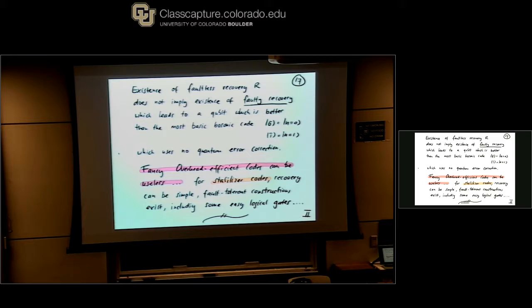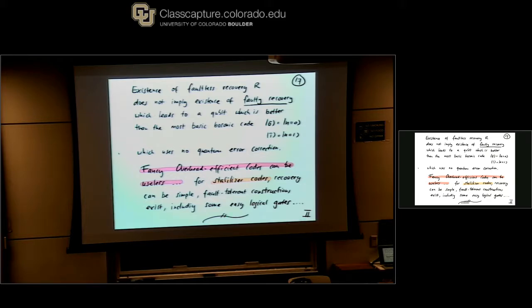So what you do with these things, and this is also what the experiments do, is compare: how does my code compare with the most basic way of using a bosonic mode as a qubit, which is vacuum is 0 and the state with 1 photon is 1, with no error correction? That's the lowest number of photons, so it's pretty protected, and if my code performs better than that, then I say it's maybe helpful.